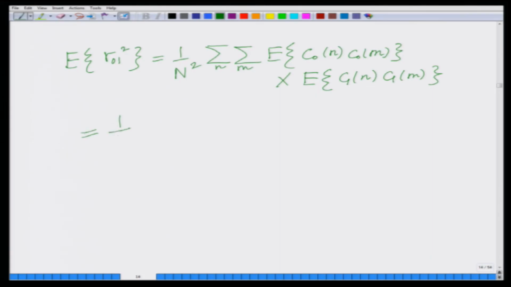Now, we realize that these expected values survive only when n is equal to m, because they are 0 when n is not equal to m.